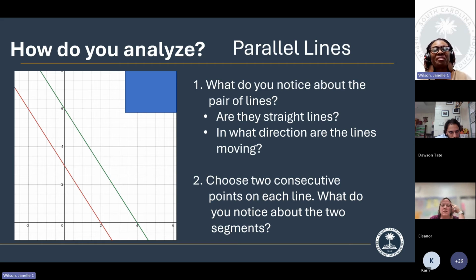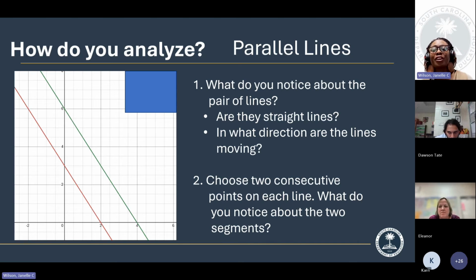Exactly. Good. Okay. Now, if we ask students to choose two consecutive points on the line, how could you move from one point to the next point without picking up your pencil? Oh, great. It looks like one line is a horizontal shift.